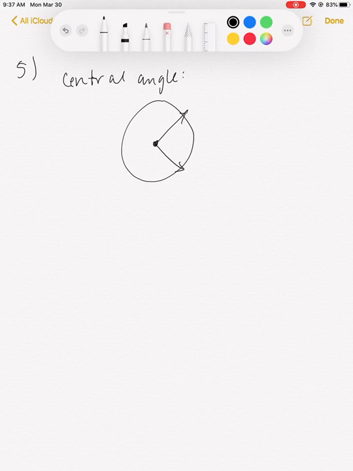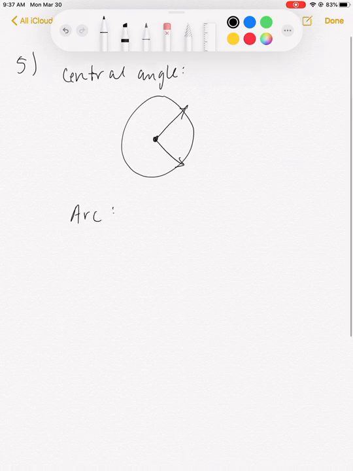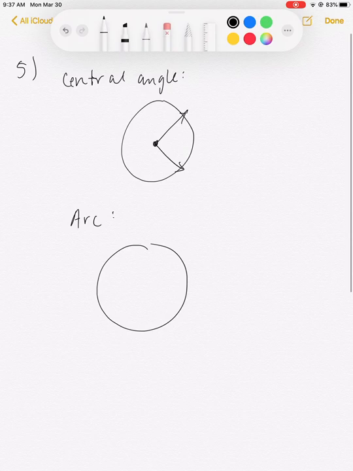Next one is an arc. An arc is a part of the circle where the central angle is drawn out, and it's the part of the circle that spans some of the circumference.